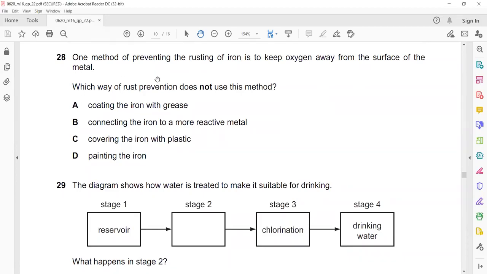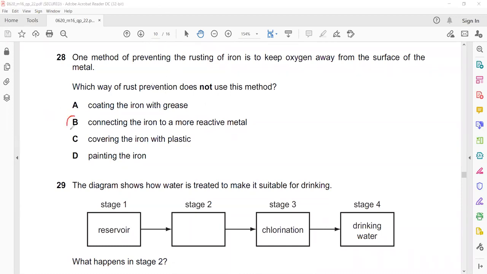You want to prevent iron from rusting. You don't want the iron to rust. And how you can protect the iron from rusting is by keeping the oxygen away so that oxygen cannot come in contact with the surface of iron. But in this, which way of rust prevention does not use this method?